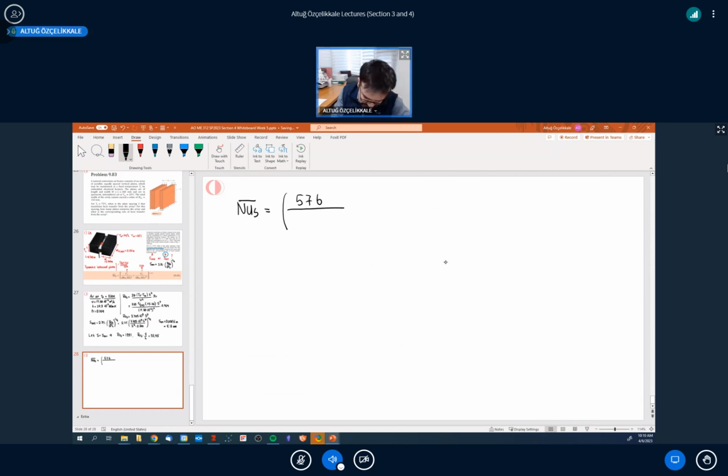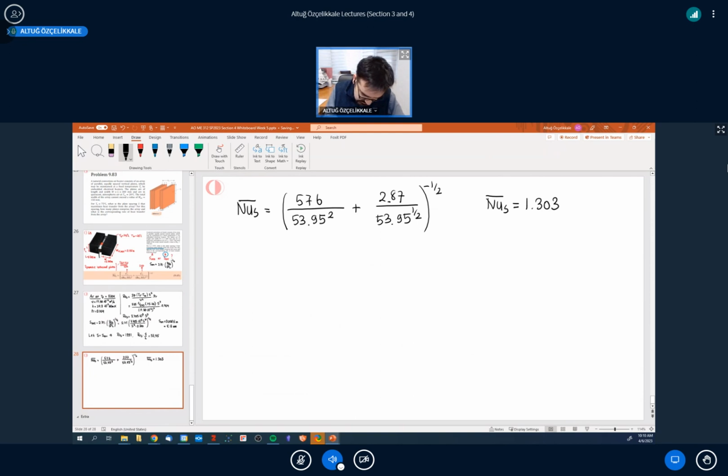Divided by 53.95 squared, plus 2.87 divided by 53.95 raised to the power 1/2. All of this raised to the power minus 1/2. At the end, we obtain the Nusselt number as 1.303.